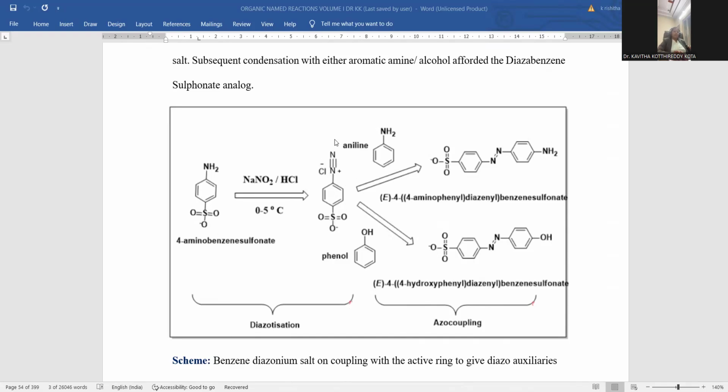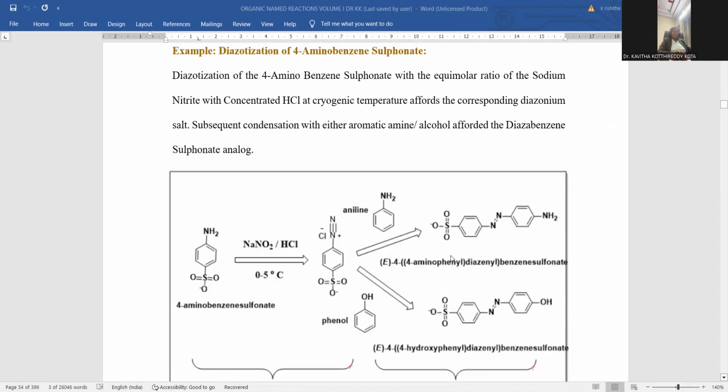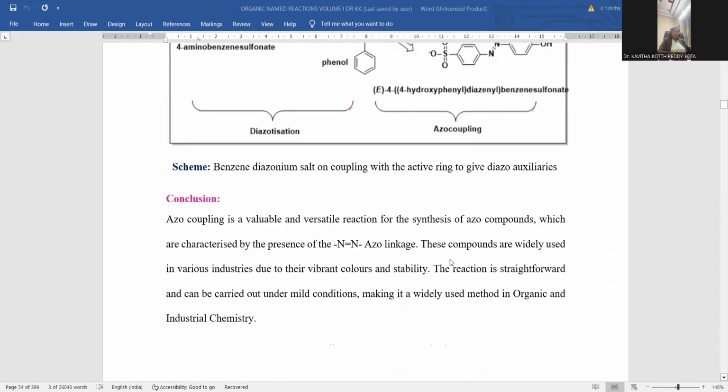Rather, wherever the diazonium chloride is, that part is active toward the coupling reaction, so that you can achieve the azo coupling over there. This is the reason why these coupling reactions give an extension of the conjugation, and they work like chromophores, coloring agents. They give color to paints, textiles, pharmaceuticals, and plastic. Many coloring agents are utilized for this.